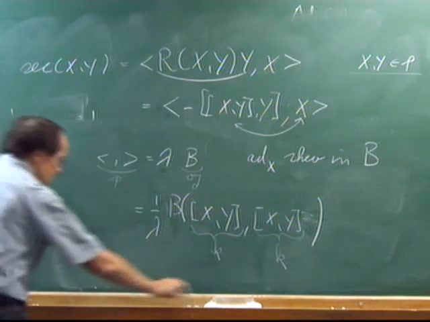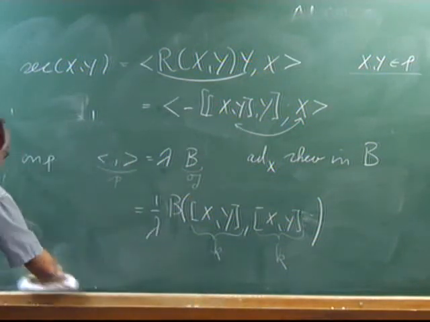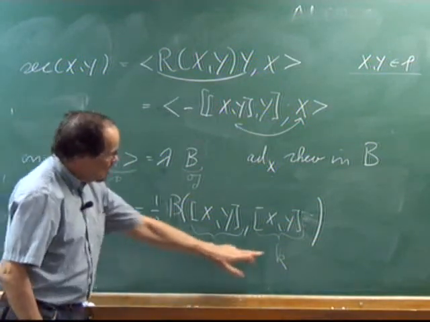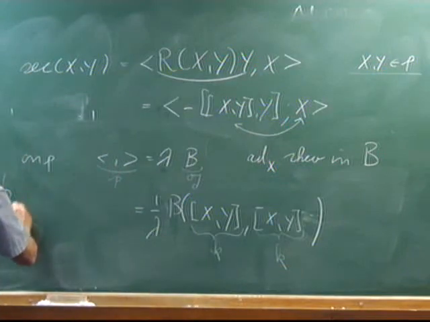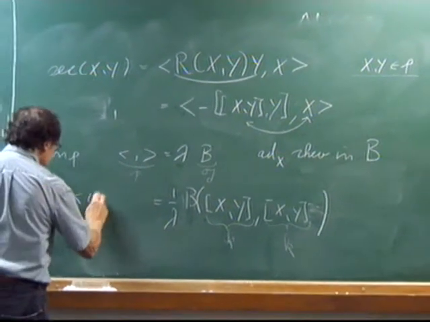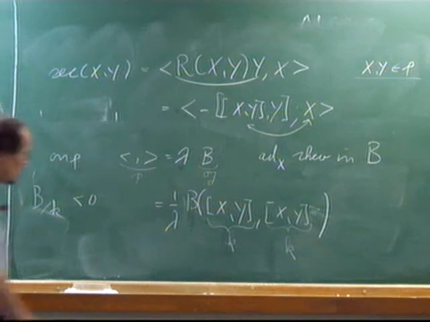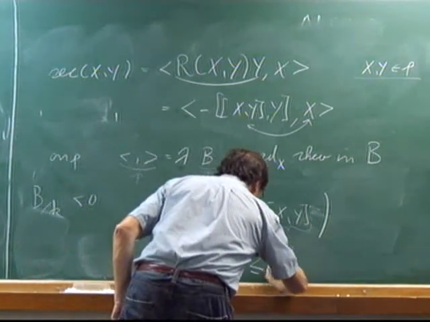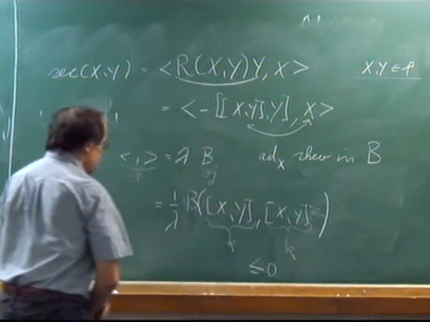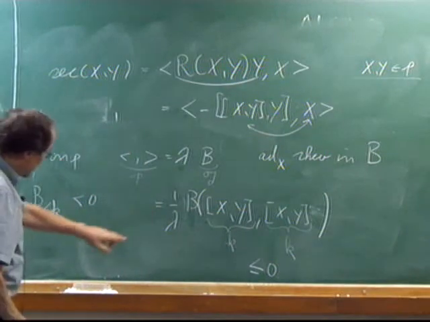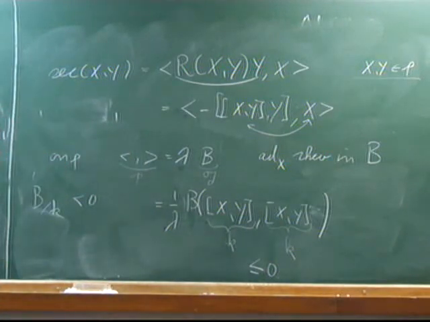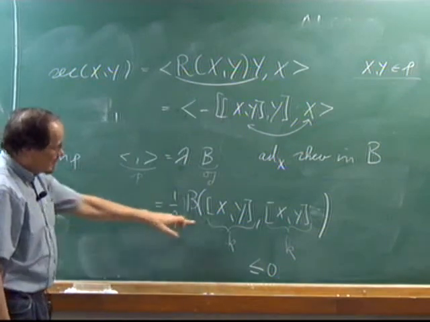Of course, then notice, what can I say about this inner product here? B of something in K, comma K. Remember that B restricted to K was negative. So this expression here is smaller or equal to 0. It might be the Lie bracket vanishes, so equal to 0. Now the sign of lambda tells me, if I have compact type, that was lambda negative, then this one is positive.